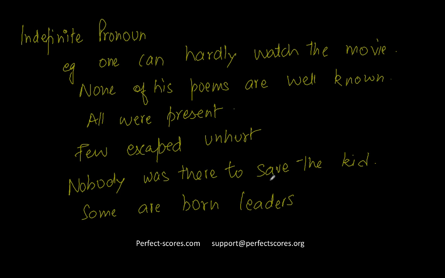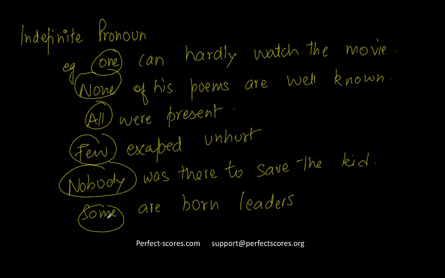Now observe one thing. All of these pronouns, one, none, all, few, nobody, some, are known as indefinite pronouns because they refer to persons or things in a very general way, but not in a specific way. They don't mention anyone in particular or any person or thing in particular.